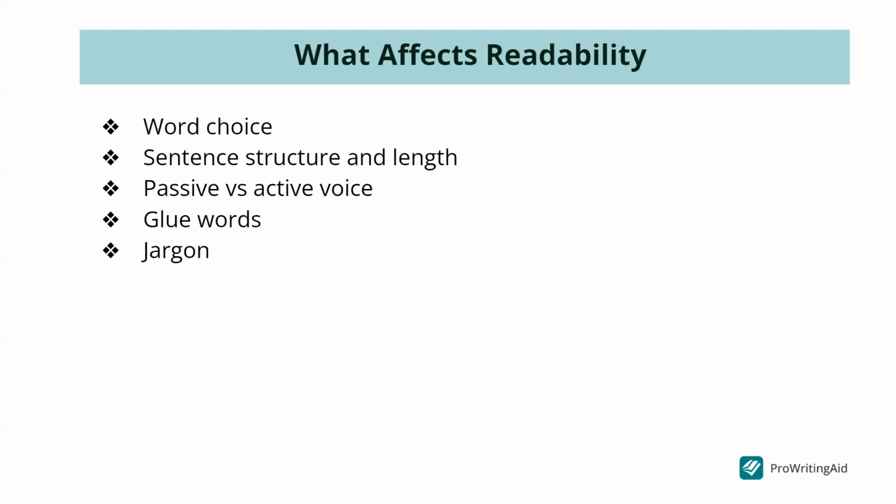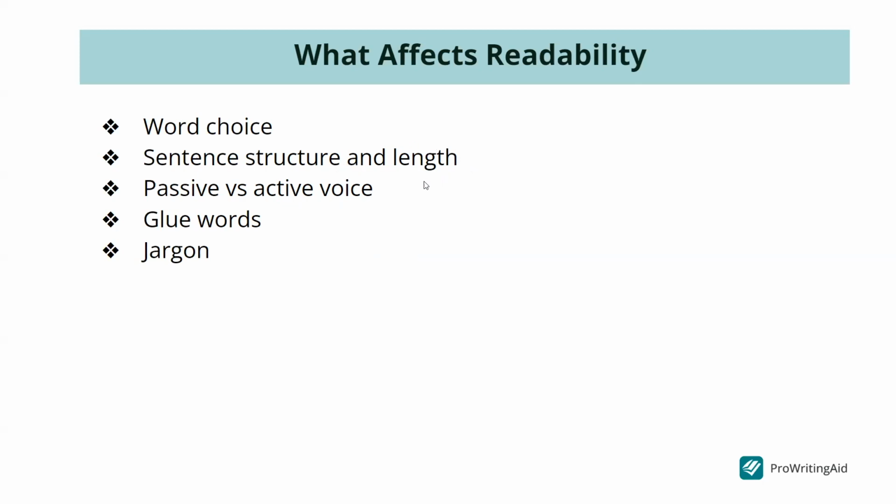Some factors that affect readability include word choice, sentence structure and length, passive versus active voice, glue words, and jargon. All right. You probably won't be using much jargon in your fiction, but these other things do affect the readability. As you can see, we've already covered glue words and active voice, and we'll talk more about sentence structure and length later on.